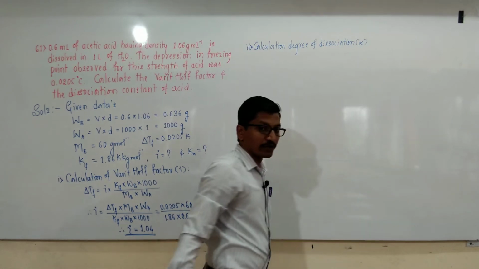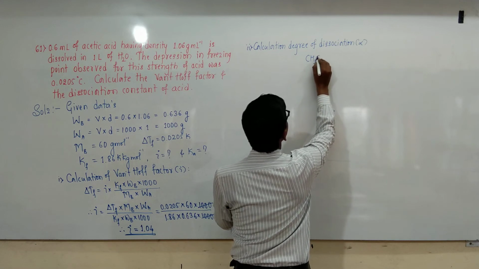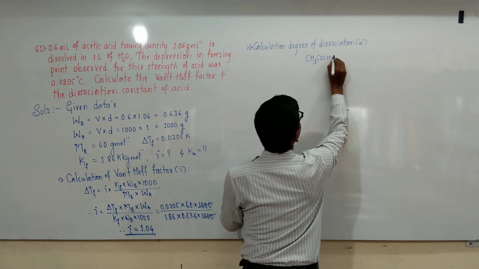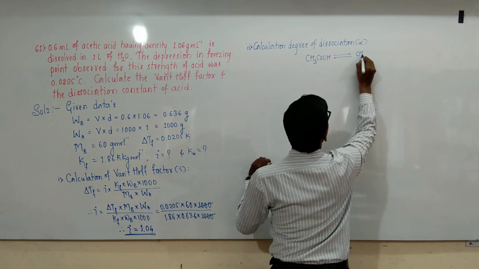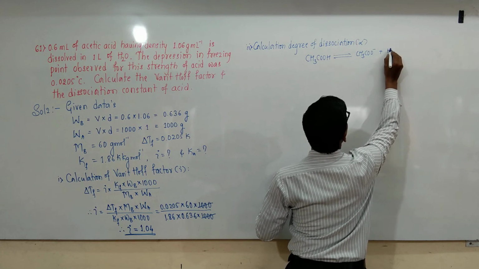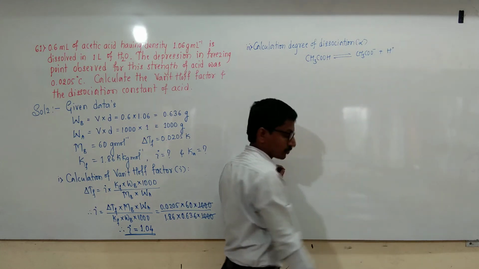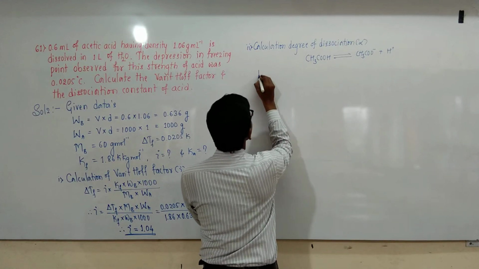Alpha is the degree of dissociation, and here acetic acid acts as a weak electrolyte and dissociates in water to acetate anion and H plus.